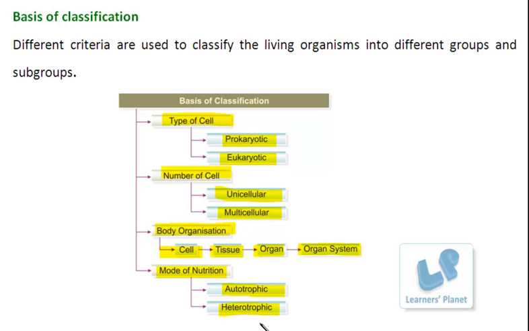Now you may find it difficult to understand it separately, like prokaryotic and eukaryotic as one group, then unicellular and multicellular as one group. No, it is not like this. There is a flow over there. See, if the organism is prokaryotic, it is placed in one group. If the organism is eukaryotic, it forms another group. Further, if the organisms are eukaryotic, whether they are unicellular or multicellular, after observing this feature, they are subdivided.